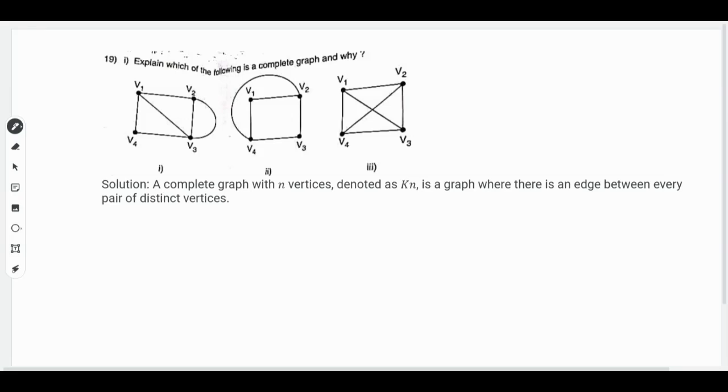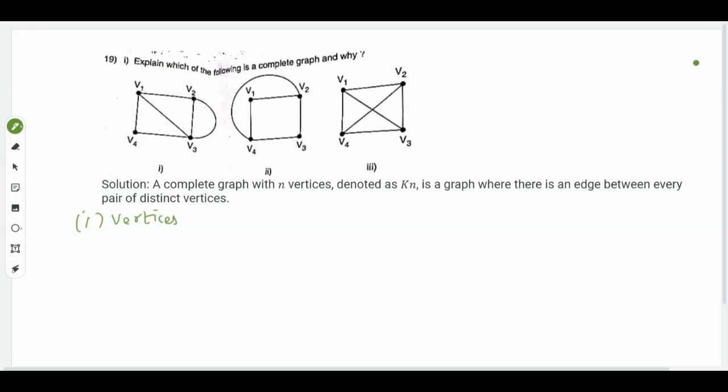So how do we identify whether the given graph is complete or not complete? So let me take one by one. Let us solve. So let me take the first one. We have the first graph. For the first one, we can say, how many vertices are there?